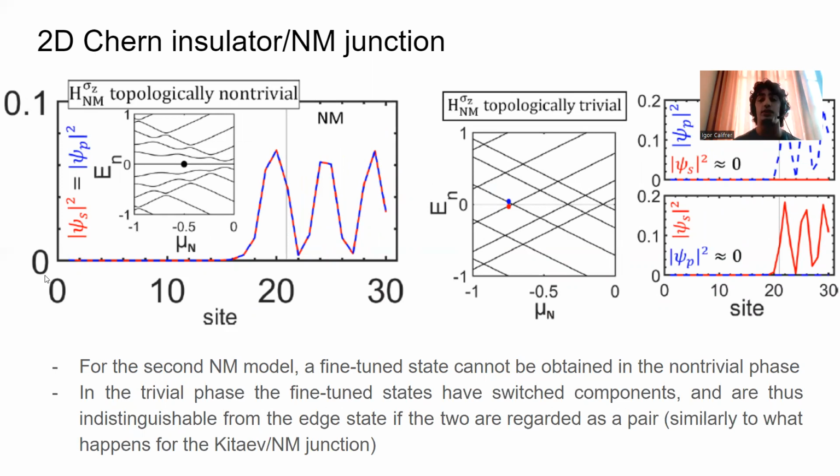For the topologically trivial case, we have something similar to what has been observed for the Kitaev chain, where you have a pair of states that approach zero energy. And as a pair, these states have components shifted, so they cannot be distinguished as a whole from the topological edge state.